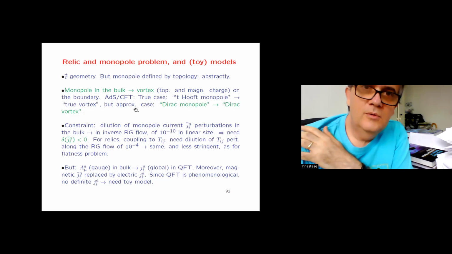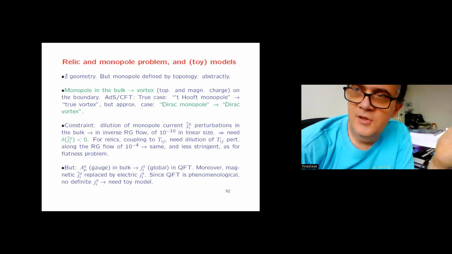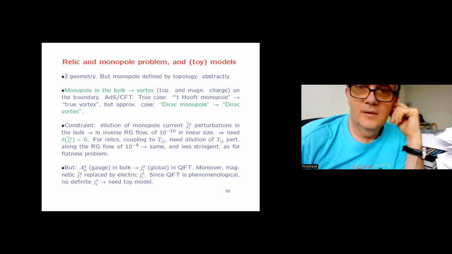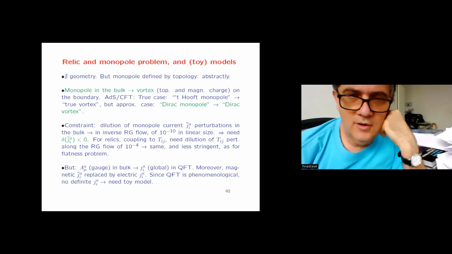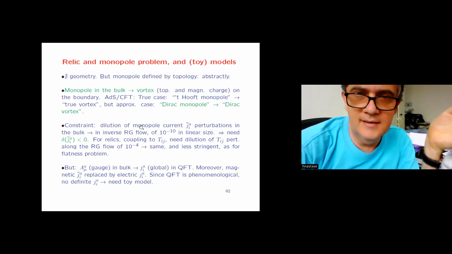So we have to dilute these Dirac monopoles in the bulk, and therefore we would need some sort of dilution mechanism for the Dirac vortices. So what does that correspond to? Well, first of all, there's a constraint.